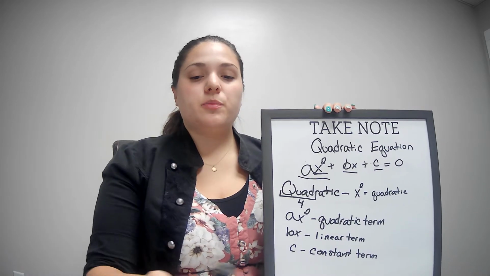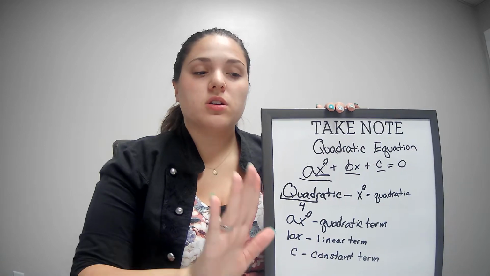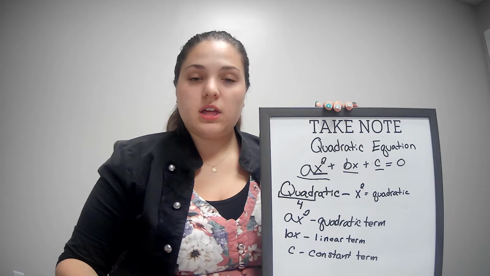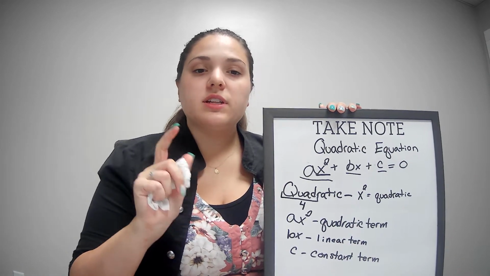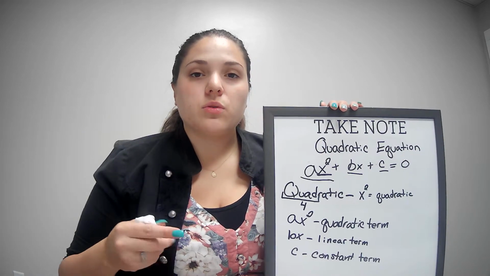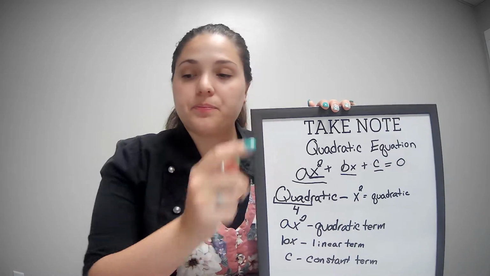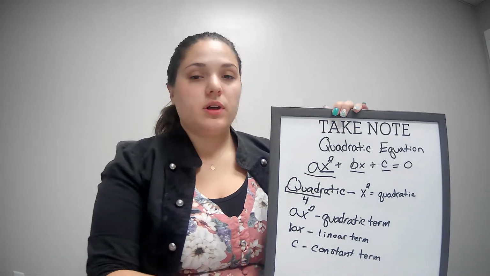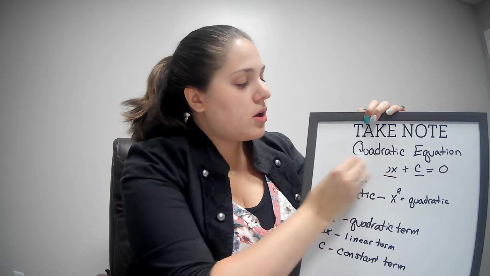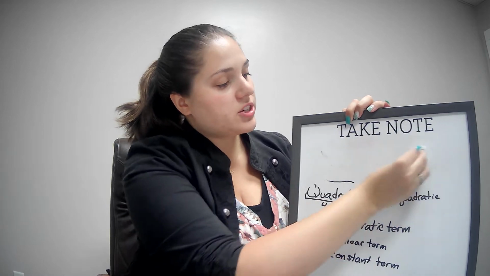But just for the purpose of today's lesson, we're not going to go into graphing the equation, but we are going to go just a little bit further into rearranging an equation to make it quadratic. All right, so at this point we already know that the quadratic equation is ax squared plus bx plus c, and it's always going to be equal to 0.